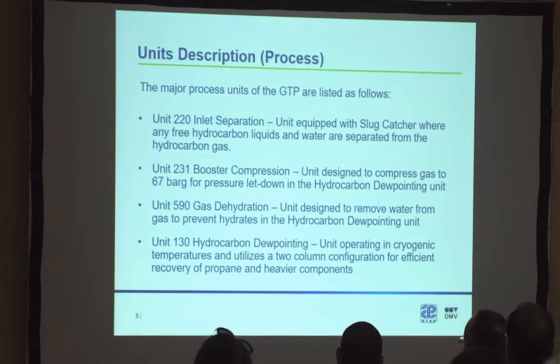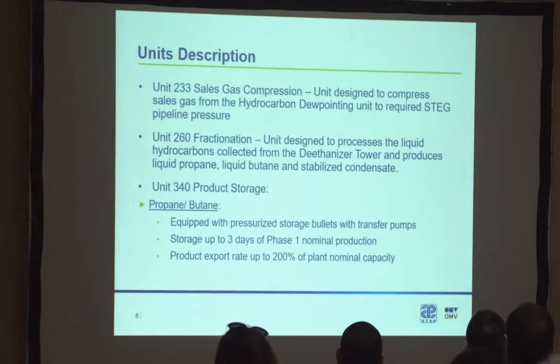Gas dehydration unit, this is a molecular sieve technology. We have dew pointing unit, unit 130. Unit 233, this is the sales gas compressor. 216, it is the fractionation unit. This is basically de-ethanizer, depropanizer, debutanizer, and depentanizer.